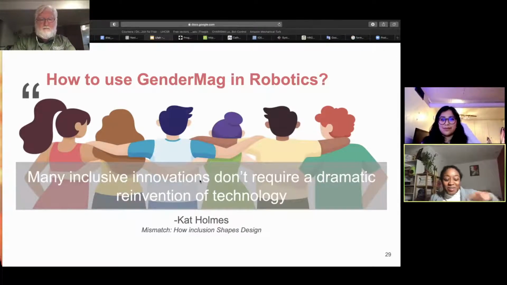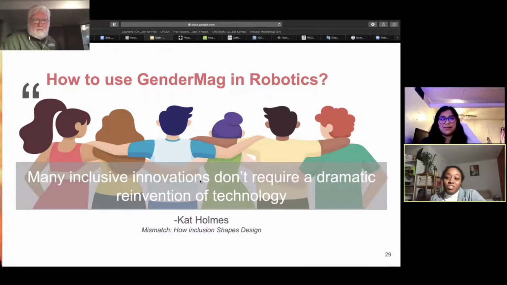Okay, so for me, it's this whole idea that in HCI they're using GenderMag, and GenderMag has been used for quite some time now, and it showed great potential. But now we're in the middle of everything being robotic, and we're stuck at home, so we have robots delivering food to our homes.